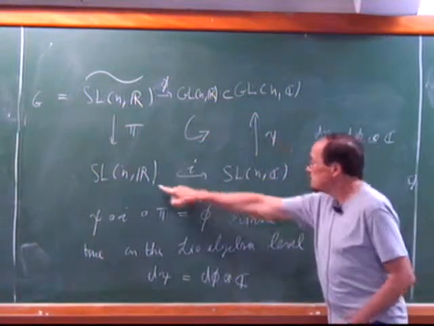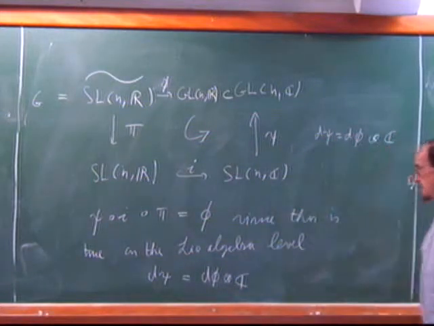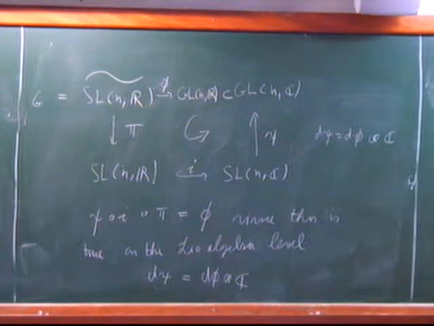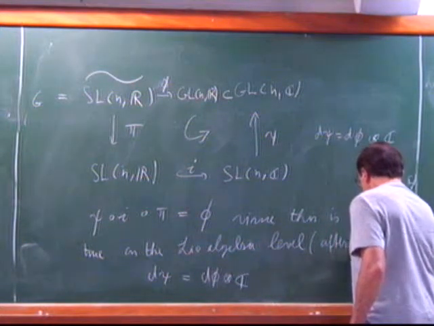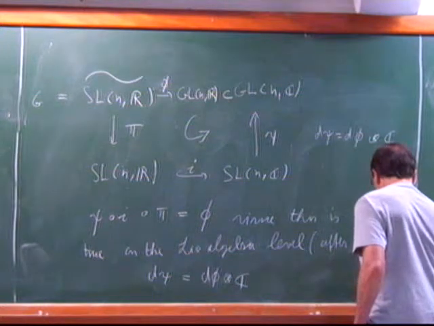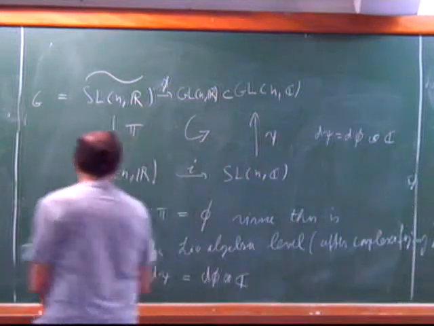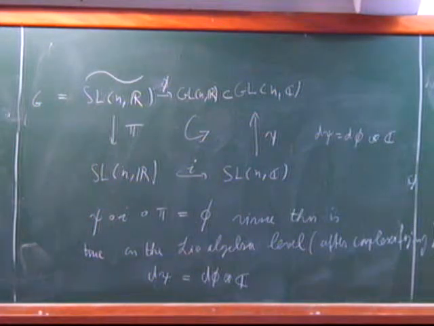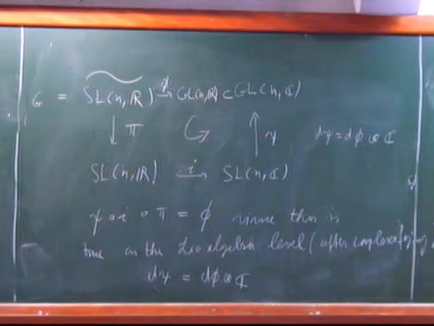This is an inclusion, so this inclusion becomes an isomorphism when I complexify. So on the level of Lie algebras, after complexifying, it commutes. And remember, a homomorphism on Lie groups is determined by the derivative. So if I know that this commutes on the derivative level, then that uniqueness fact implies it also commutes on the homomorphism level itself.